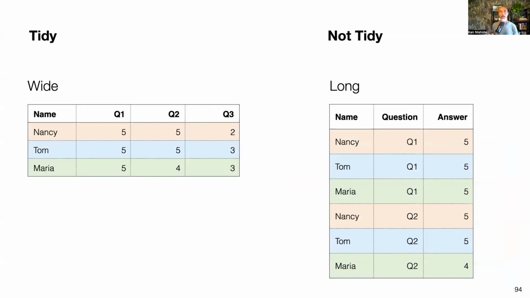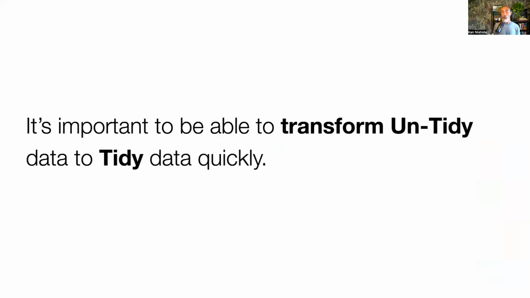So it's not about wide or long, which one is better than the other. It's really about tidy or not tidy. And the most important thing is that either way, you can transform the data, hopefully into tidy data. But even if it's untidy or tidy, as long as you can visualize it or run the analytics, there's no problem. Just forget about it. But tidy data tends to help you better when it comes to visualizing or analyzing data.